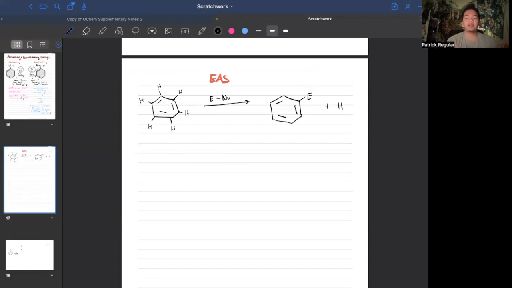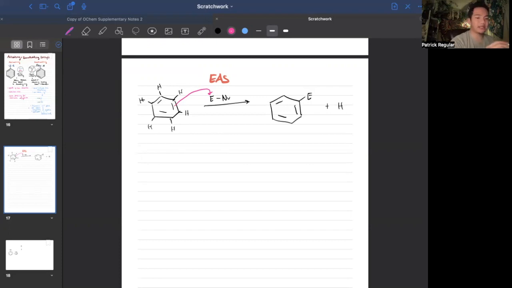So how does this happen? Well, to go over the mechanism, the double bond breaks and attacks your electrophile. Because your electrophile, well, it's in the name, electrophilic, is attracted to electrons. Well, what's the aromatic ring but a ring of electrons?